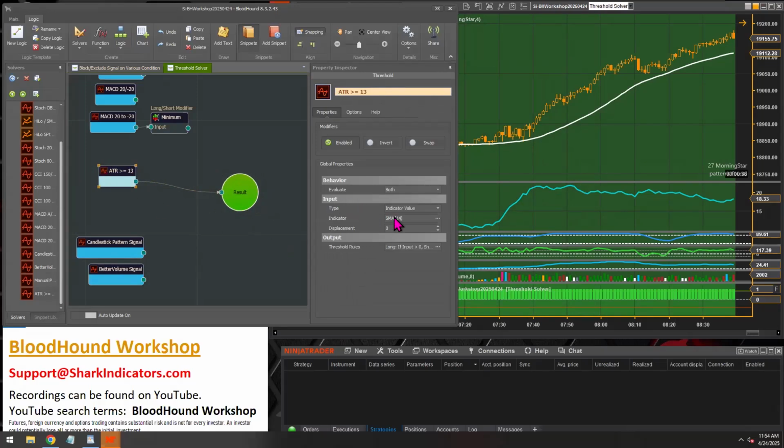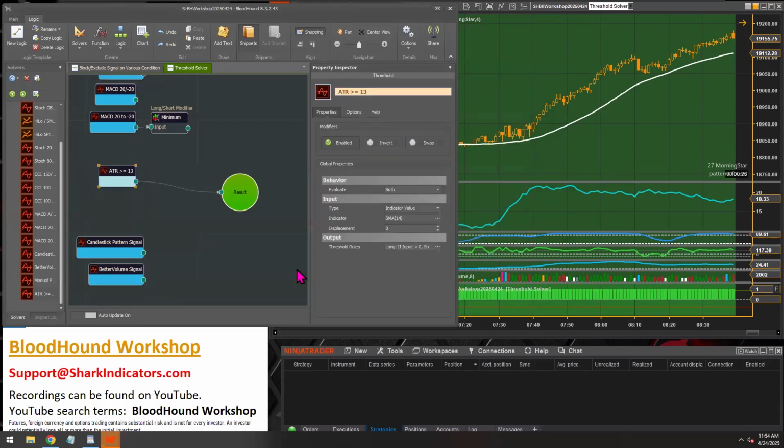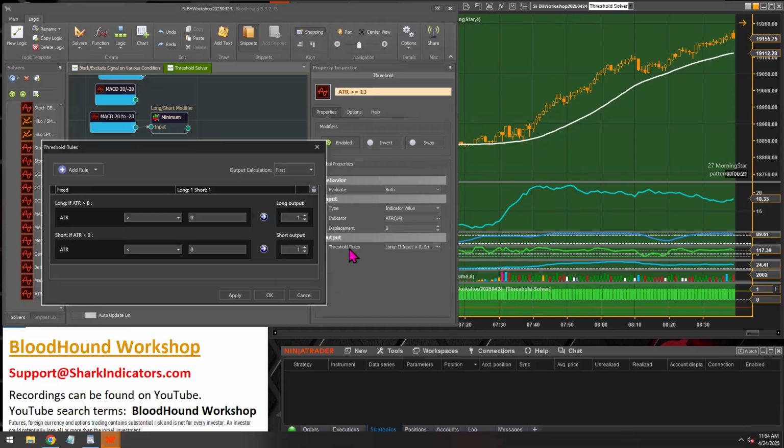All right, let's plug in our ATR indicator here. There it is, and I'm just using the standard default. It only has one output. So we just need to go into the output rules window and we're checking for a value greater than 13.